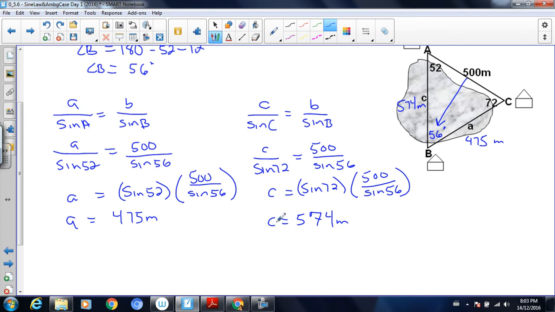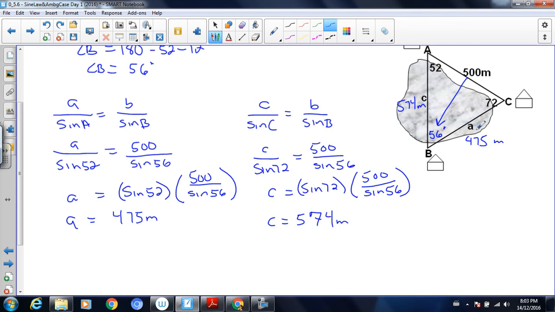This is saying side C and this is side A, but side A represents the distance of cabin C to B, and side C represents the distance from cabin A to B. So, whenever you're given this, write them on your diagram to help you identify what the measurement coincides with, so you can do your therefore statement properly and you don't get mixed up.